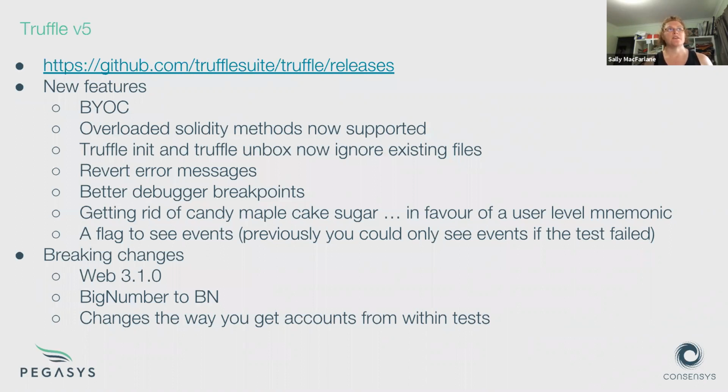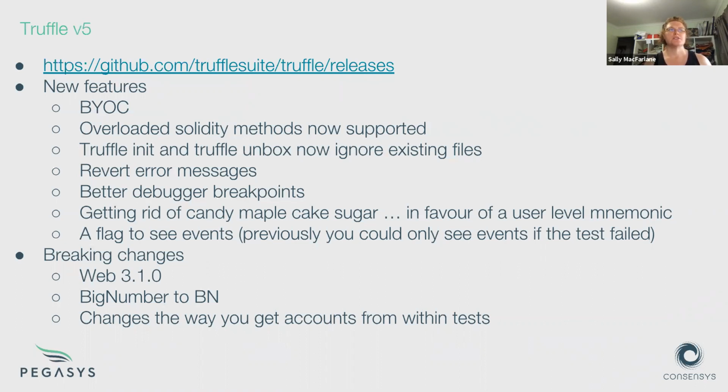Some of the new features in Truffle 5: bring your own compiler, so you can specify the specific compiler that you want to use, a version of the Solidity compiler or a different compiler entirely. They now support overloaded Solidity methods, and being able to do a truffle init into a non-empty directory, which seems like a small thing, but it does make life a bit easier.